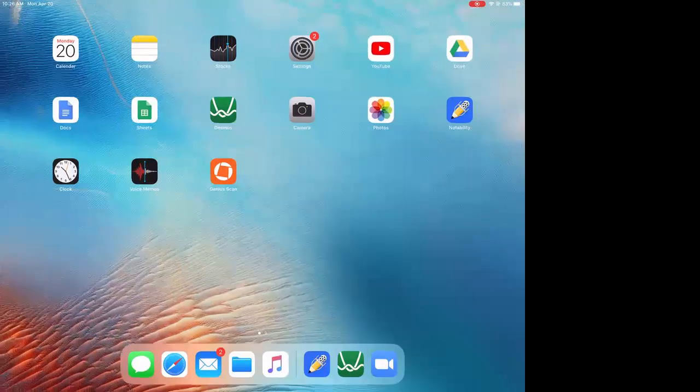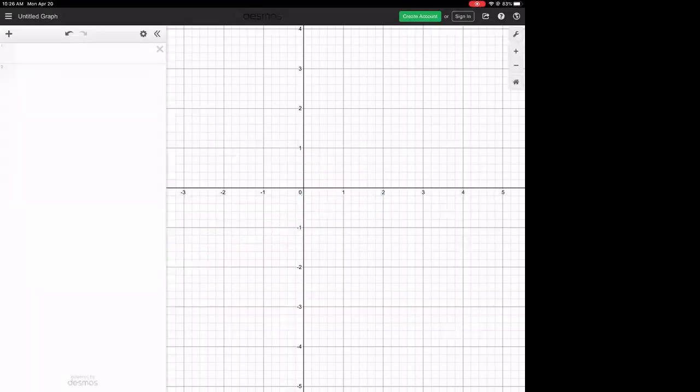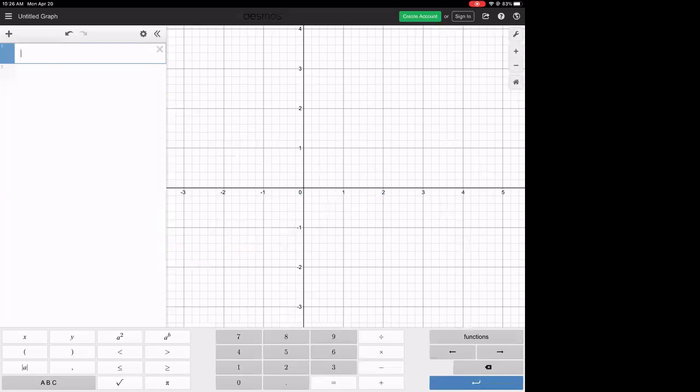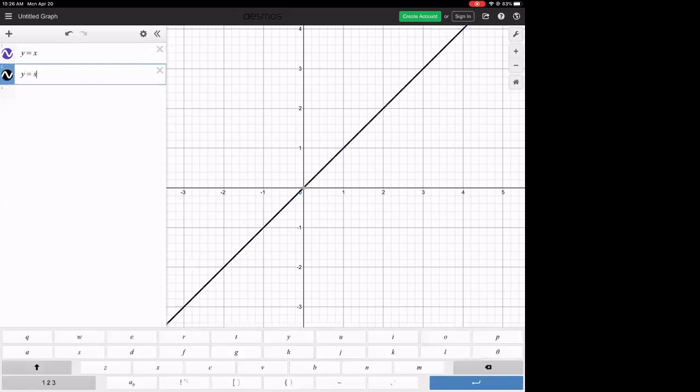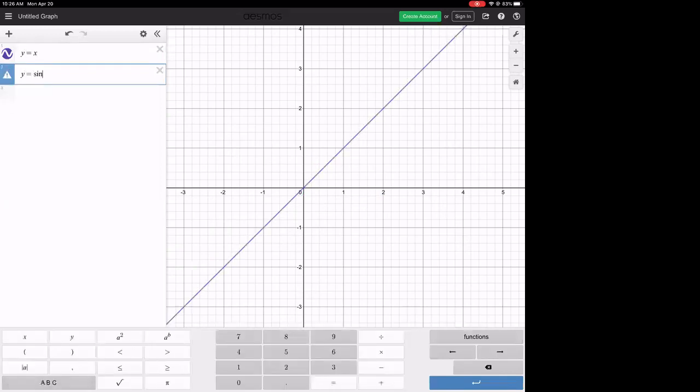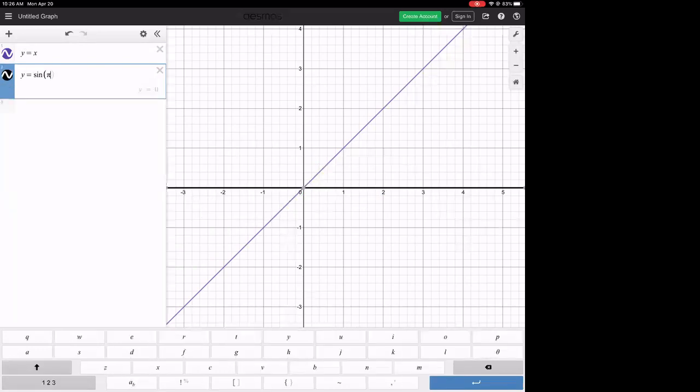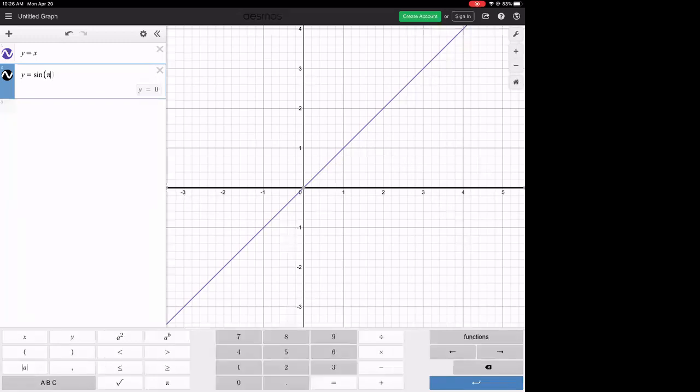So if I come back here to Desmos to double check this, y equals x, and then y equals sine. Oh, I forgot that I can just type pi over 2x.